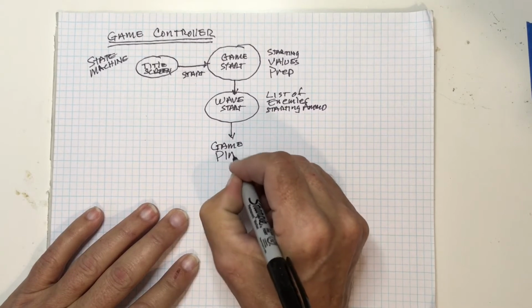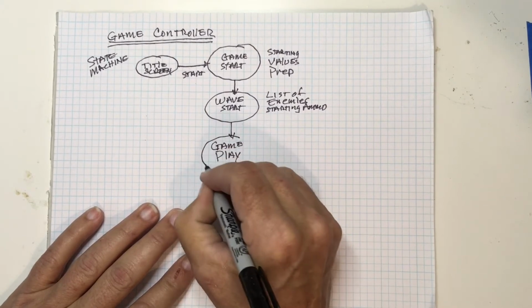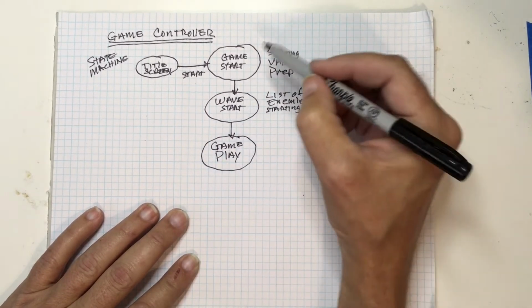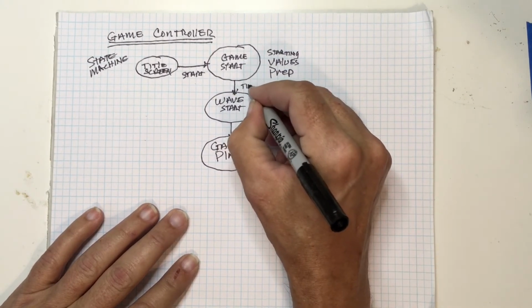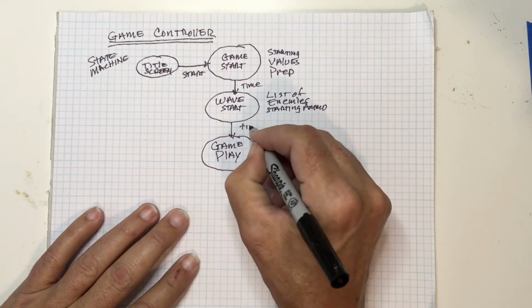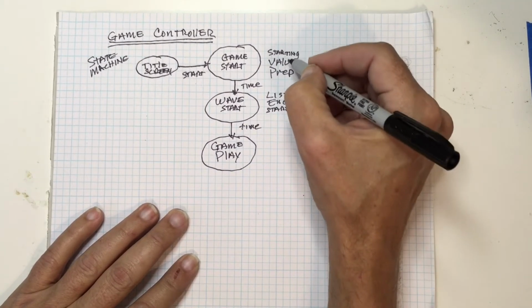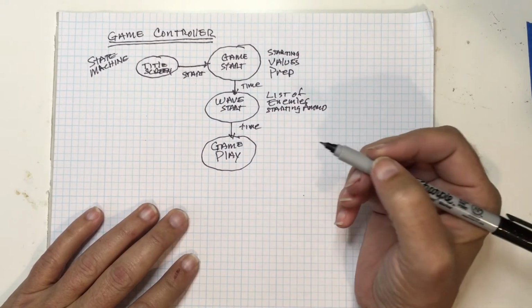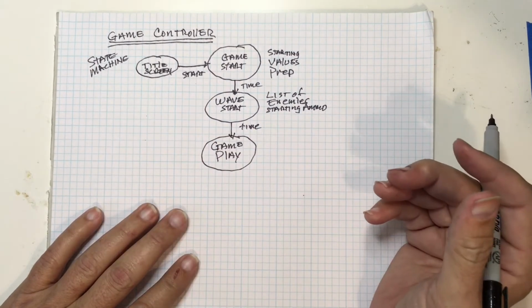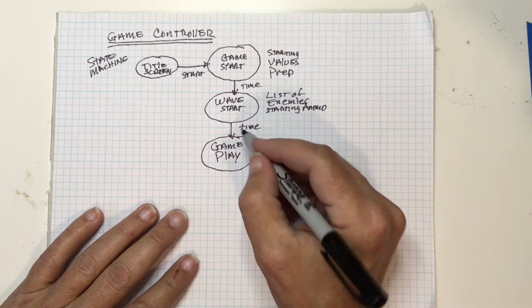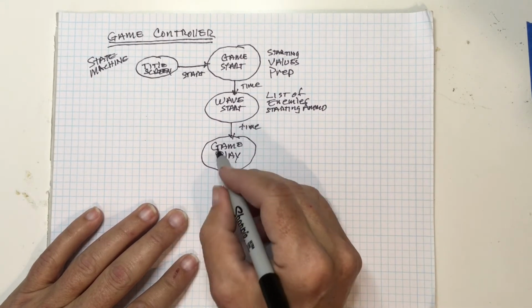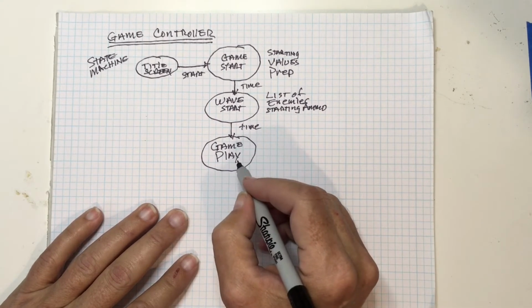Then after that, it's the gameplay state. So this game start and the wave start, this is just based on time. It goes from one state to the other once it's finished all these and once it's announced the wave. And then after a certain amount of time, it starts the gameplay.